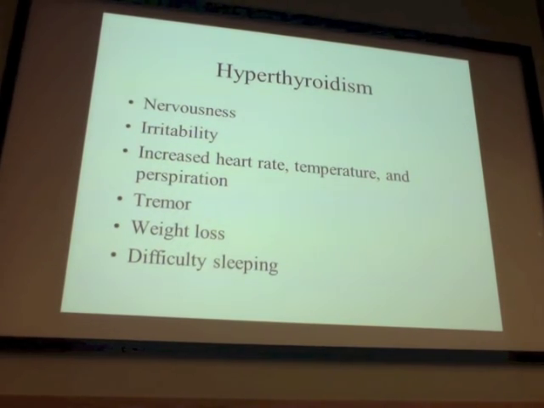Okay, so somebody that has a toxic goiter, somebody has a thyroid tumor, you can tell because they get really, really nervous. I mean, they start shaking and they're irritable and heart rate's up, their temperature's above 37 C, they perspire a lot, usually lose weight, and they have trouble sleeping.